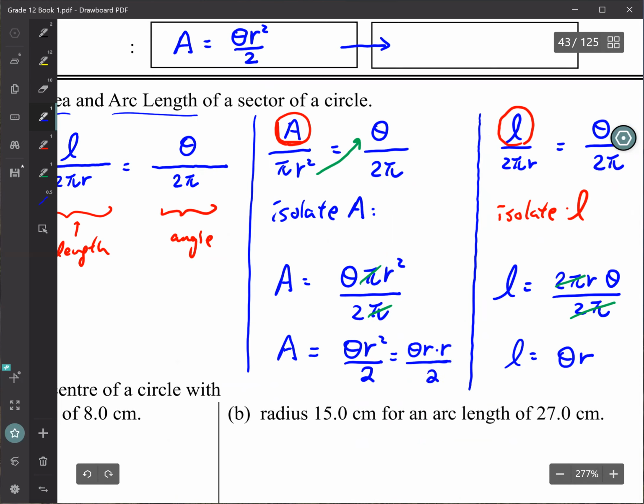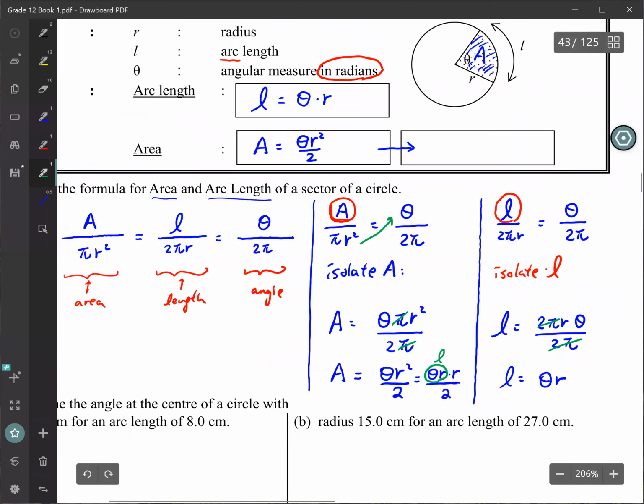Because r squared is r times r. And then the theta r portion, I can replace it with L. Make sense? Because from the second formula that we derived, L is theta r, right? So depending on what's given, you will choose different ones, right? So the next formula is A equals L r over 2.